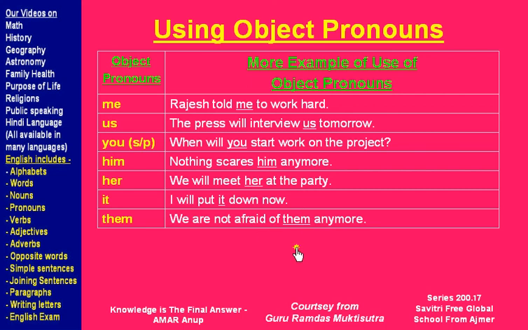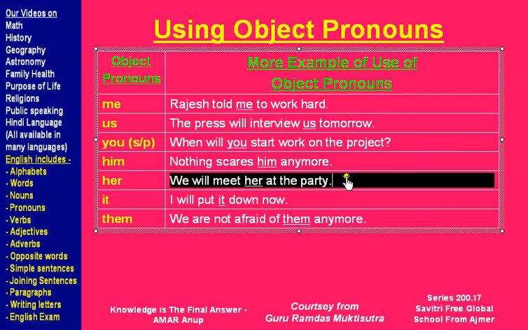See, the same sentence has subject pronouns and object pronouns, and this way we first saw subject pronouns, then we saw object pronouns, then we saw a combination of subject and object pronouns. Now any of these sentences can be modified. Instead of saying "we will meet her at the party," if we say "she will be met by us at the party," she becomes the subject and us becomes the object.